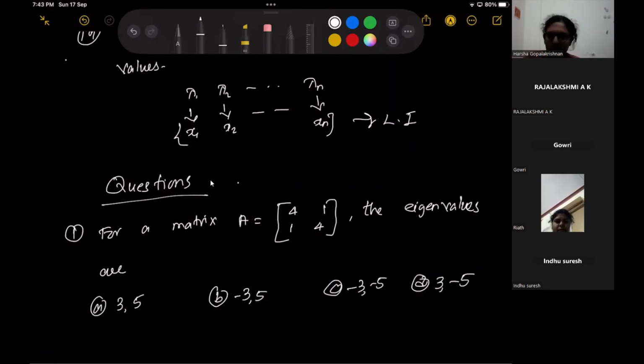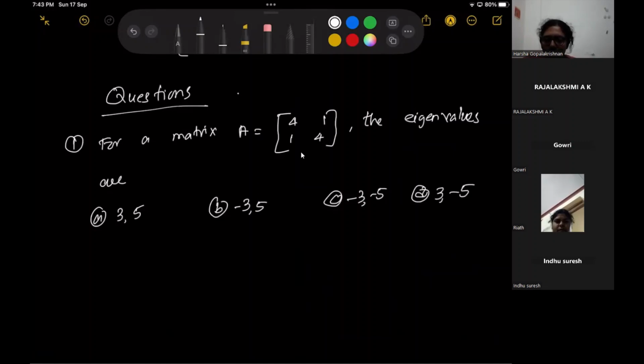So a matrix is given and the question is to find its eigenvalues. One way is to find the characteristic equation and solve for the roots to get the eigenvalues. Other than that, using any of the results we stated above, can we say very quickly what the eigenvalues of this matrix are?